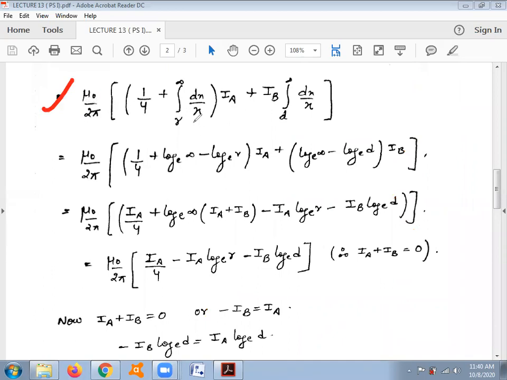All the other terms are the same. We substitute that the integration of 1 by x is log x, upper limit minus lower limit, and this is applied here as well. Multiplying IA and IB inside, IA multiplied by this term gives IA log of infinity, and IB log of infinity. Taking log of infinity common, we get log of infinity times (IA plus IB) minus IA log r minus IB log d.